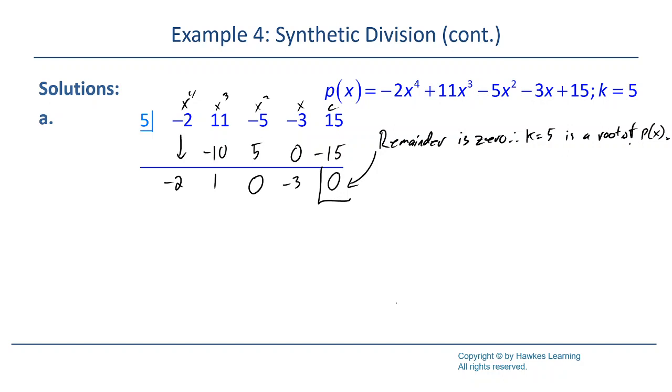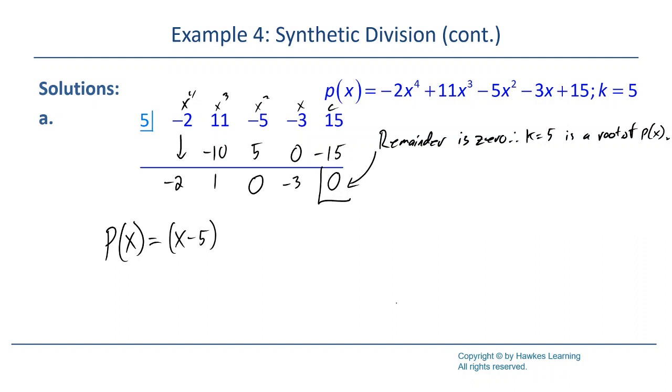And then what this means is p of x equals x minus 5, and this is one other thing. K is equal to 5. That means if the root is positive 5, then when you write it as a factor, it's x minus 5.